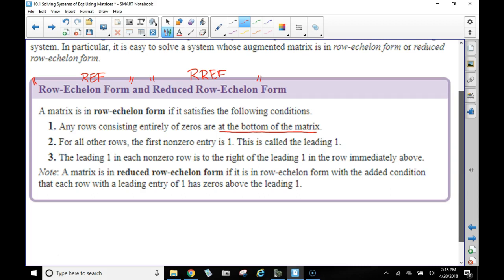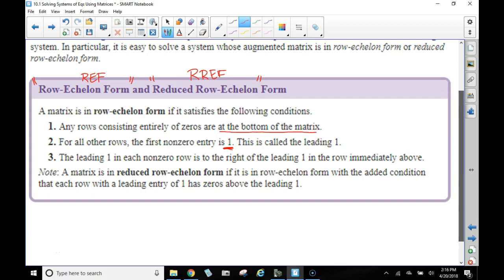You can interchange rows, right? For all other rows that aren't all zeros, the first non-zero entry is 1. This is called the leading one. The leading one in each non-zero row is to the right of the leading one in the row immediately above. Get them organized like that.